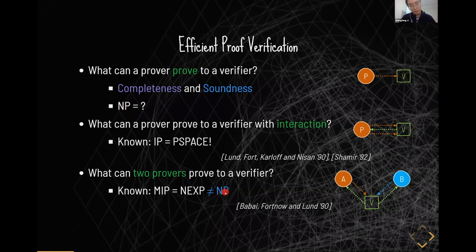And we know that it's different from NP. So by adding interaction and an extra prover, we know that the power of the model is stronger. That's a very brief introduction of the proof verification models.